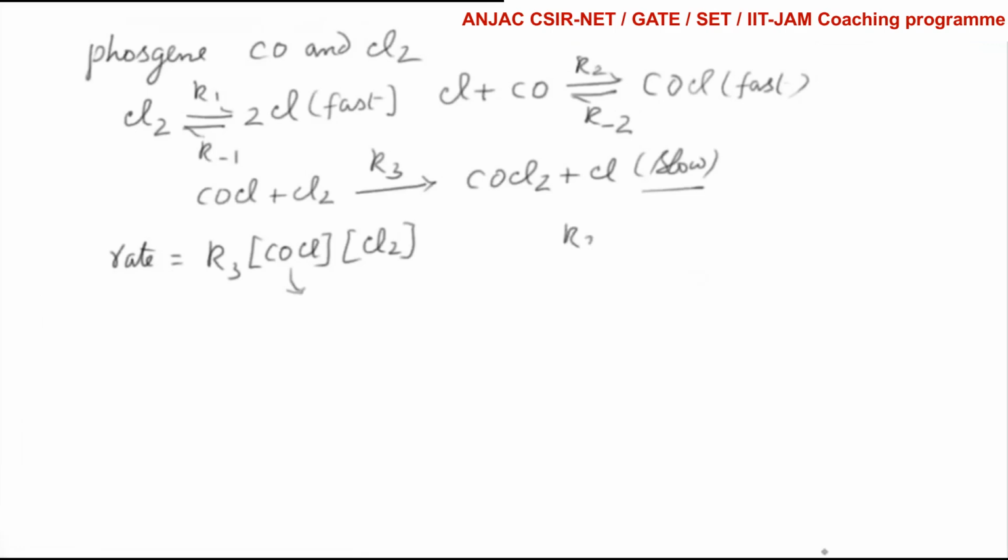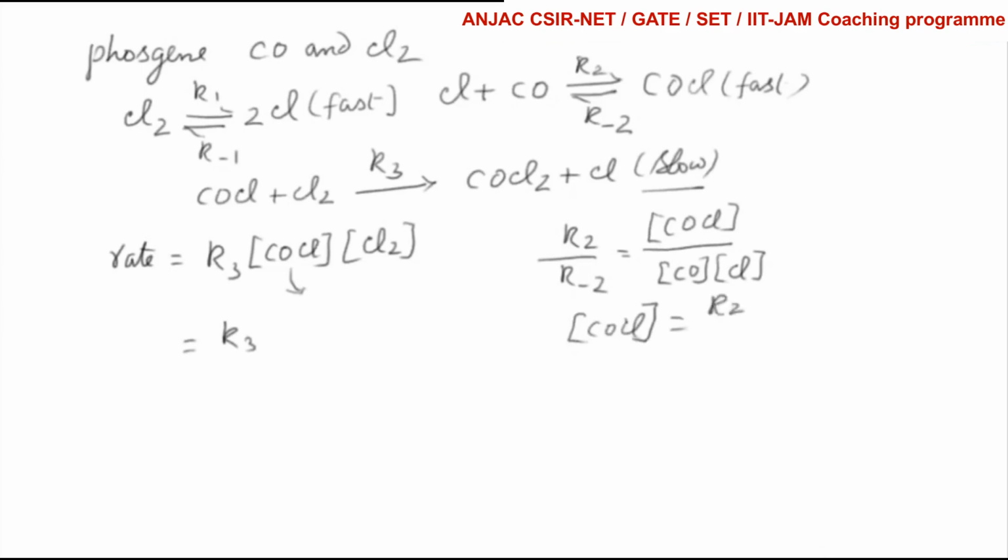Here K2 by K minus 2 is equal to concentration of COCl by concentration of CO into concentration of Cl. Therefore, COCl concentration is equal to K2 by K minus 2 into concentration of CO and concentration of Cl.